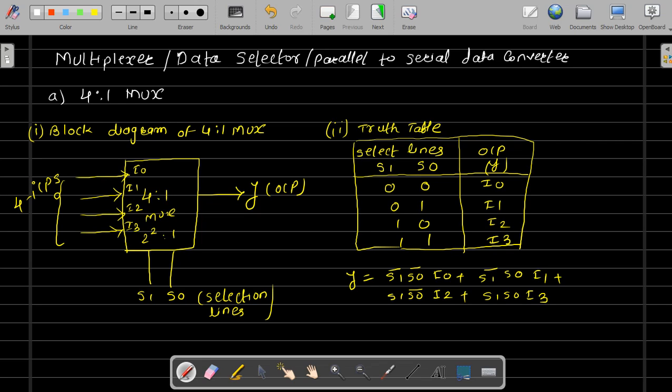So here, it is a 4:1 mux. We can say 2 power n:1 mux, where n equals 2 is nothing but your selection lines.